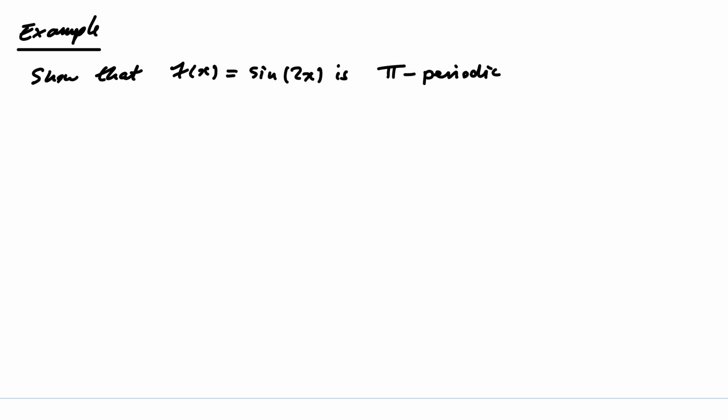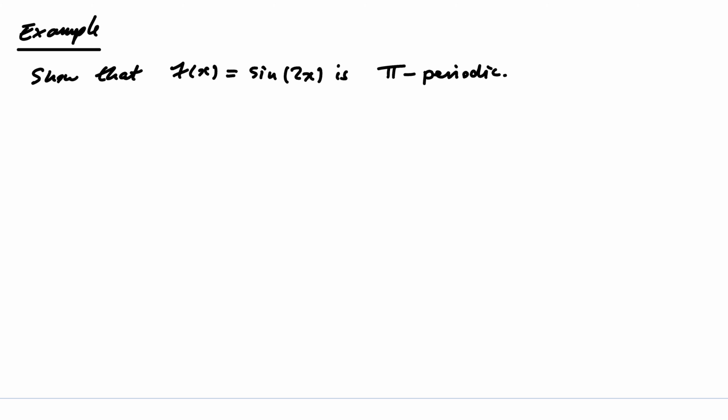So not just 2 pi, it repeats in faster blocks. There are two ways to do this. The really proper way is the algebraic way, to check the condition of being pi periodic, so to add integer multiples of pi and see that nothing changes. But let's do it graphically.